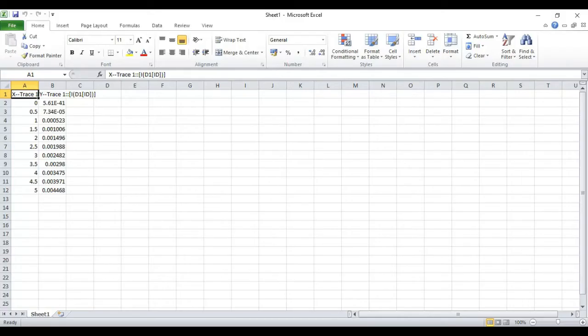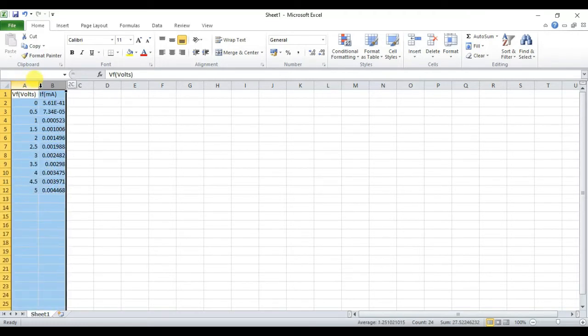In this Excel file, you can see the values of x-axis and y-axis. On the x-axis we have taken V forward, voltage in volts. Similarly, on the y-axis we have taken I forward in milliamps. Yes, so these are the two values we have obtained for the forward characteristics.